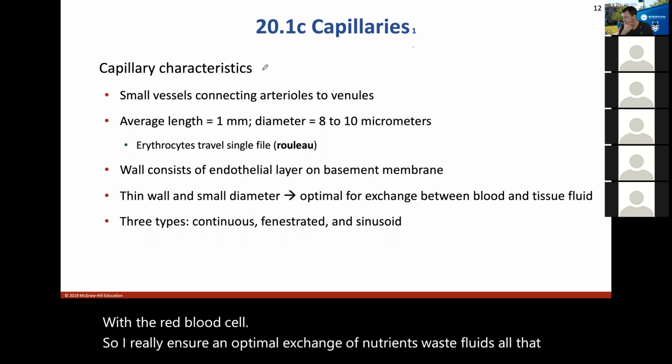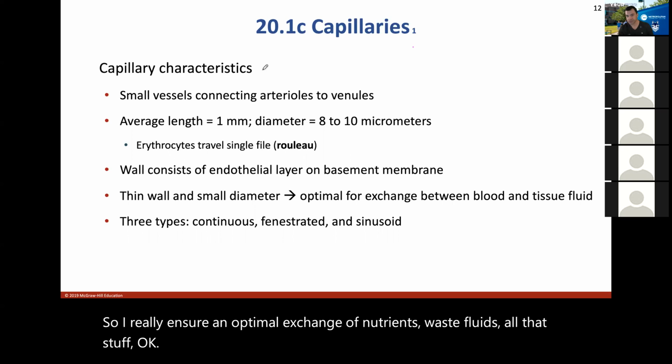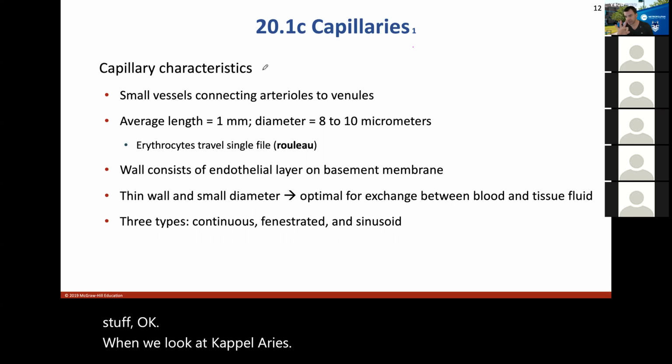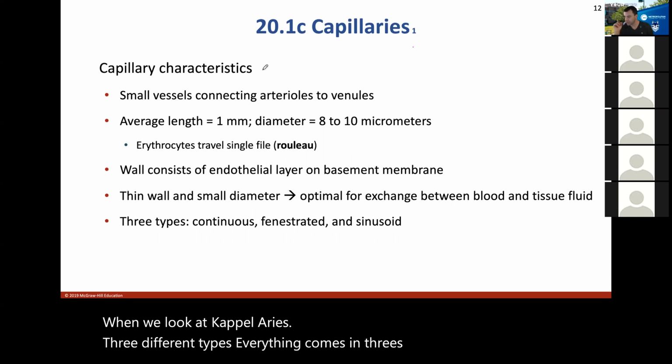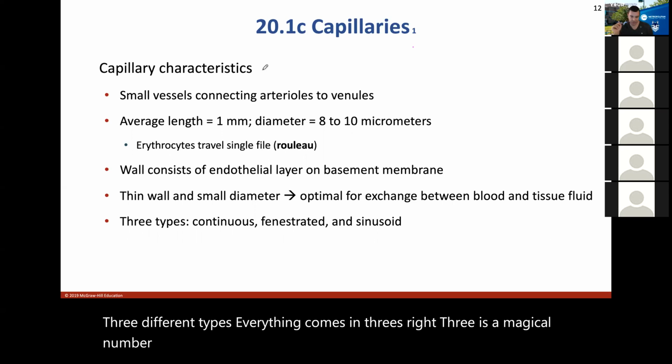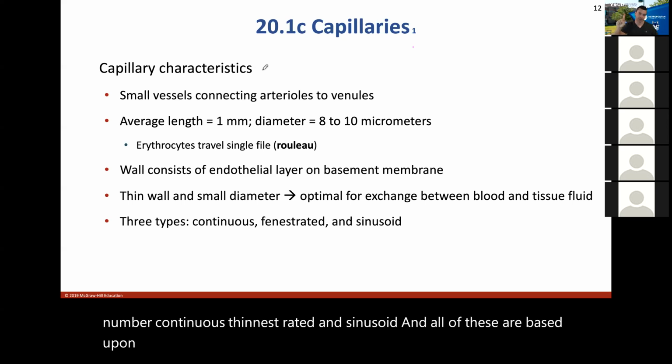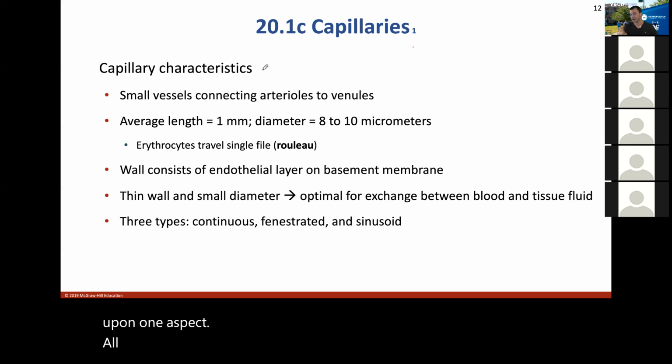When we look at capillaries, there are 3 different types. Everything comes in 3s, right? 3 is a magical number. Continuous, fenestrated, and sinusoid. All of these capillaries are based upon one aspect: is the endothelial layer intact?